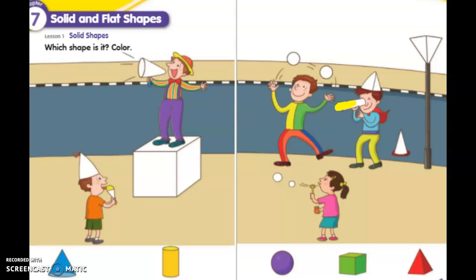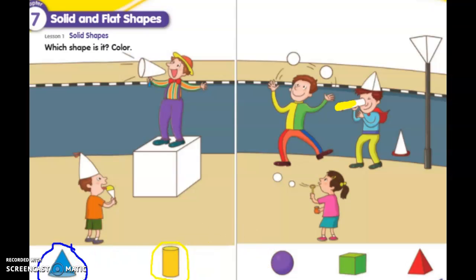So I would like you guys to grab a blue crayon and circle the cone over here. Then we're going to grab a yellow crayon and we're going to circle the cylinder. So get a yellow crayon and circle the cylinder, yellow.